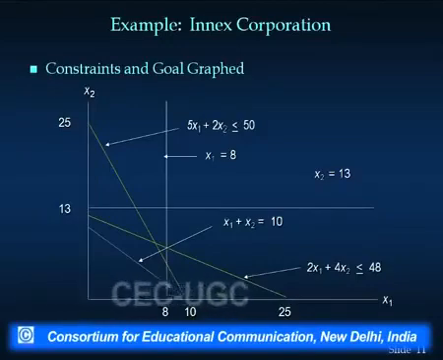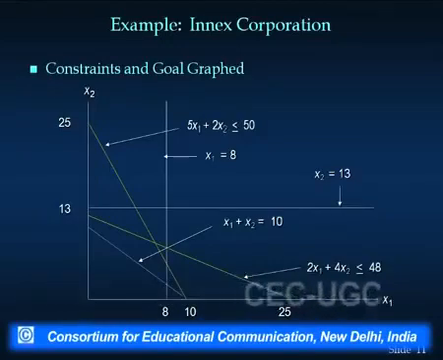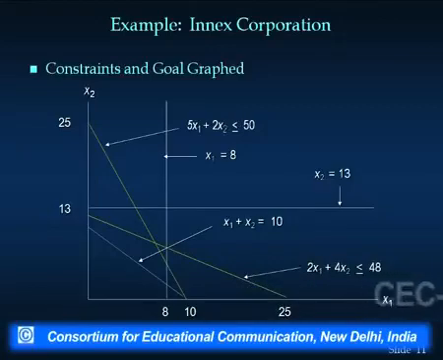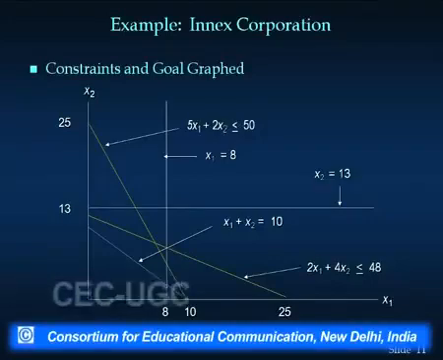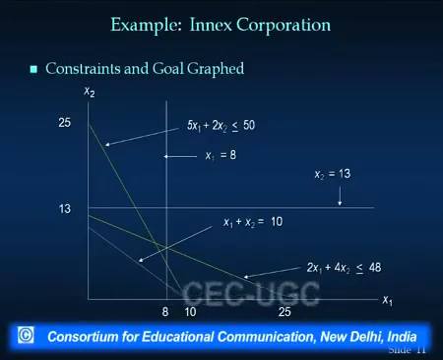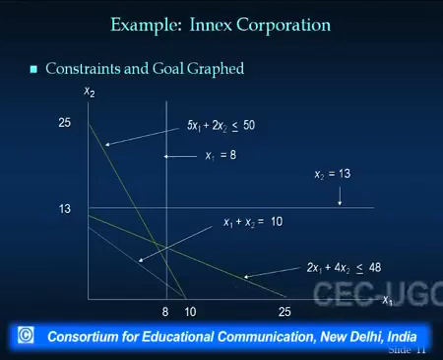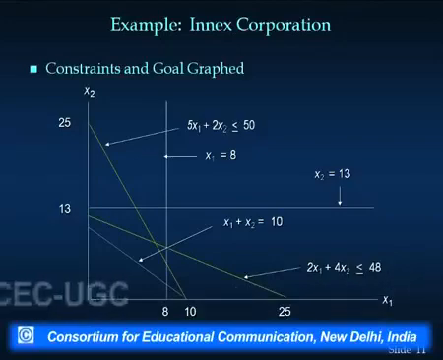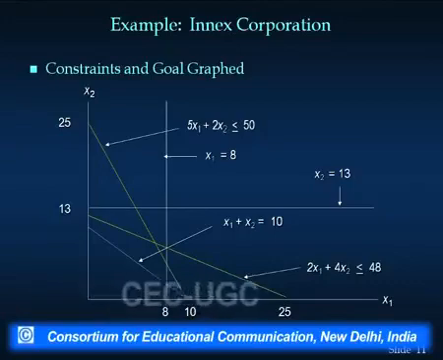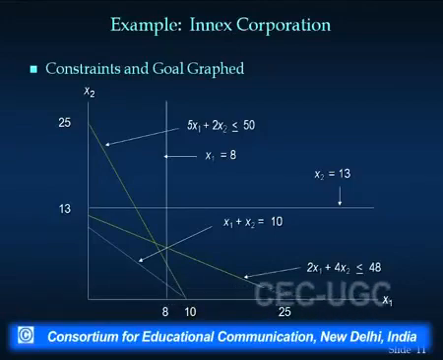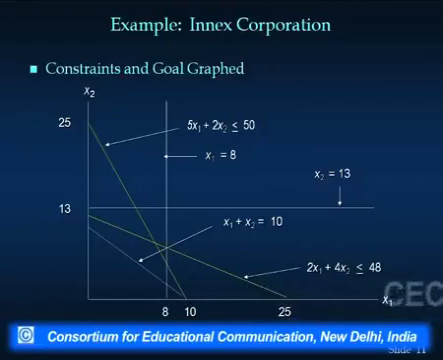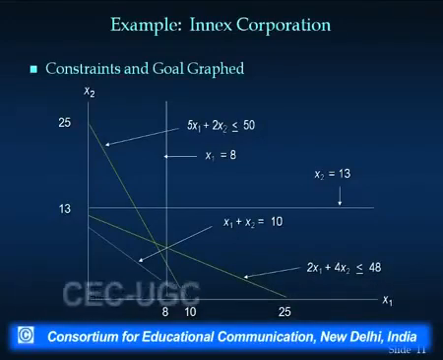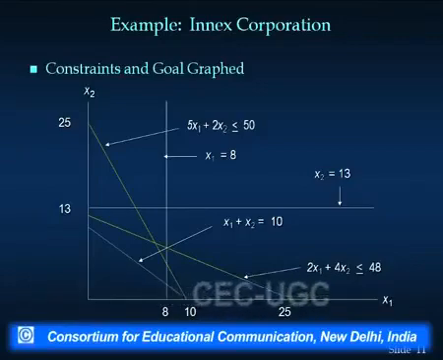I'll mark it with an arrow also. Now look at the slide, this line is far away from the feasible region. It is not part of the feasible region, and this shows that this particular priority can never be met because this is a third priority. We cannot achieve the third priority at the cost of the first priority and the second priority.